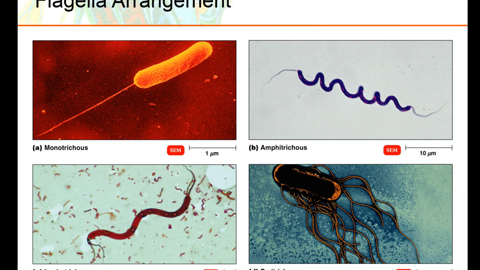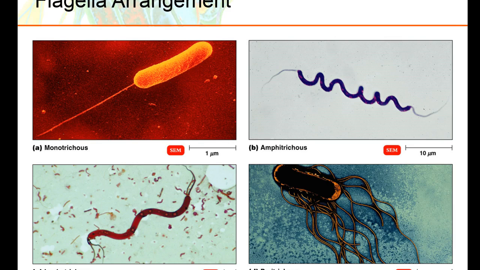Not all microbes have flagella, and not every single microbe with a flagella looks the same. So what we find is that flagellar species come in different arrangements. If you only have one single flagellum that sticks out of the end, that's called monotrichous. If you have one flagellum at one end and one at the other end, that's called amphitrichous.